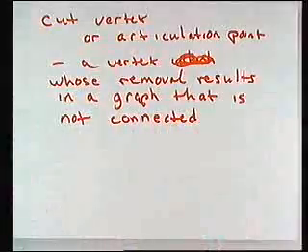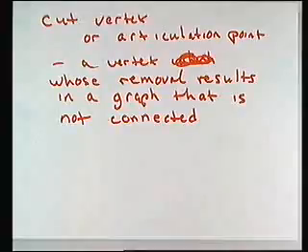So if you have a connected graph and you remove this vertex and the graph's not connected anymore, then this was a cut vertex or articulation point. This was a vertex that had to be there because if it's not there, the graph breaks into two pieces.